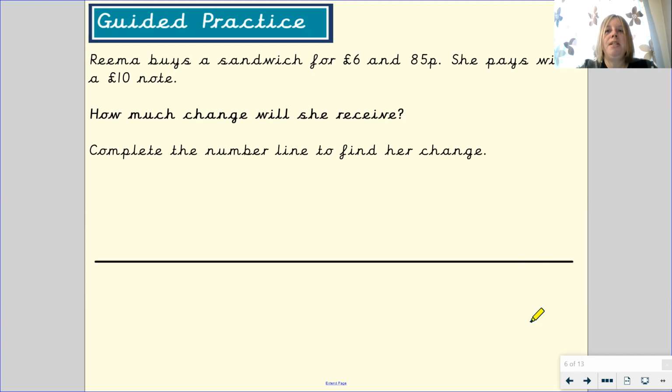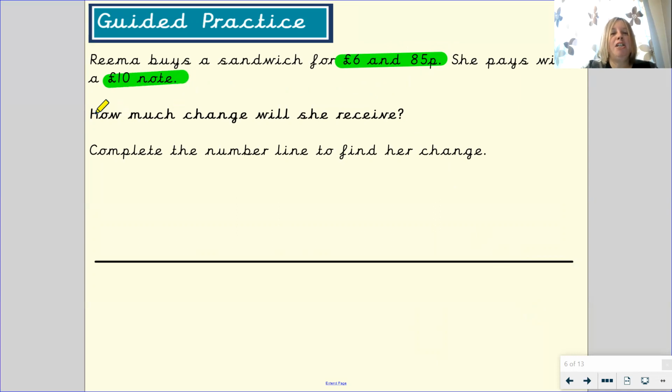The first thing we need to do is read the problem and highlight the important information. Rima buys a sandwich for £6.85. So we know her sandwich costs her £6.85. She pays with a £10 note.